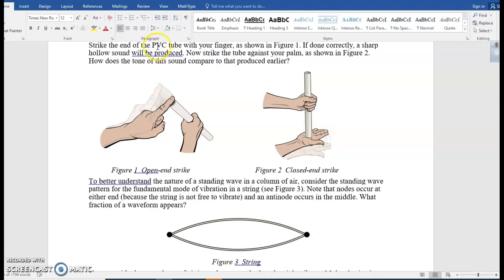For a pipe open at both ends, we smack it with a finger so that there's an opening here and here, and we create a sound. We'll put a microphone right there. For a pipe that's closed on one end, we'll smack it, but we'll close up the end as we make that sound. So this is a pipe that's open on only one end, closed on the other.